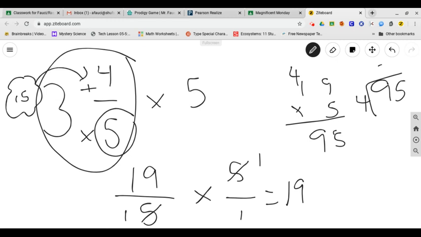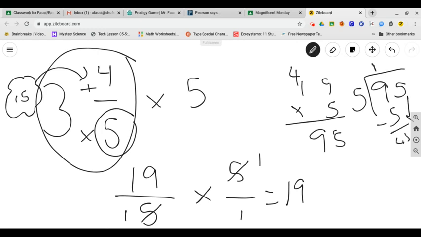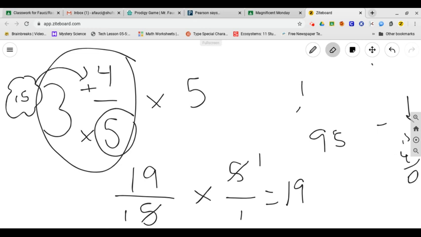Let's try that again. 95 divided by 5. 5 goes into 9 one time, which is 5, and then 4 left over, bring down the 5, and then 9. 5 times 9 is 45. So you can do it both ways. I like to cross simplify, but for those of you that are more comfortable doing the long division way, you may do that.